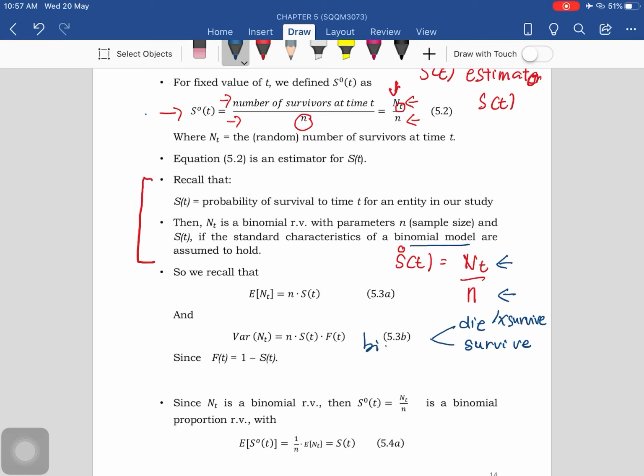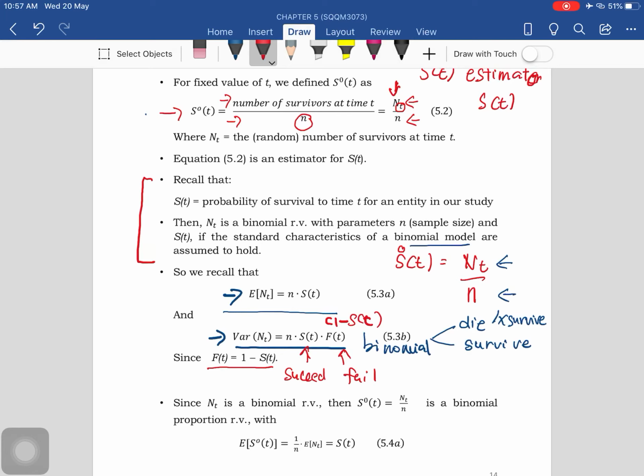So it follows a binomial distribution. Therefore, we can find the expected value for the number of survivors at time t using the binomial distribution: n times S(t), and the variance is n times S(t) times F(t). In the binomial distribution, this one represents succeed, this one represents fail. Remember, F(t) is actually 1 minus S(t), so succeed and fail.